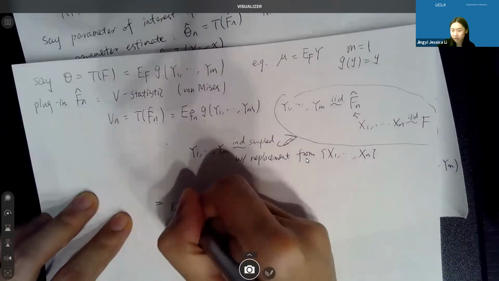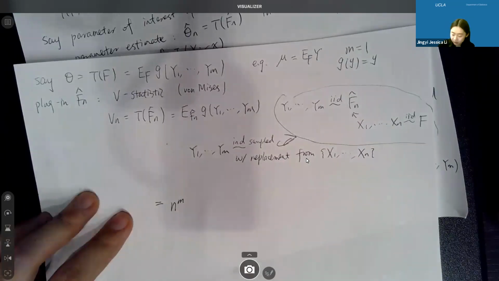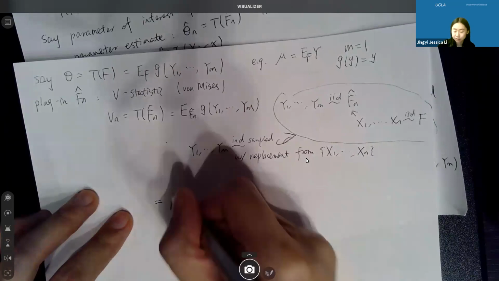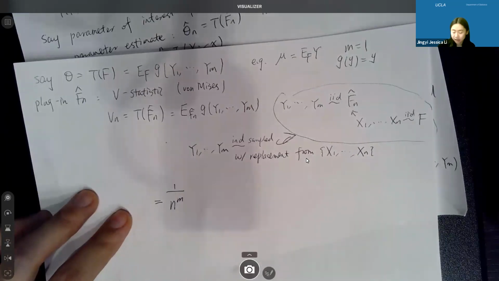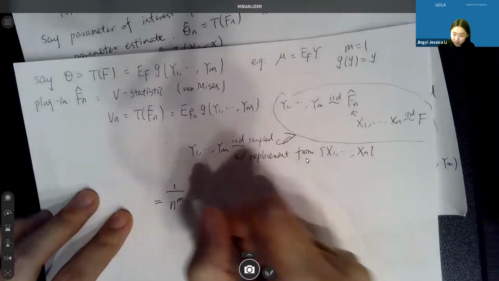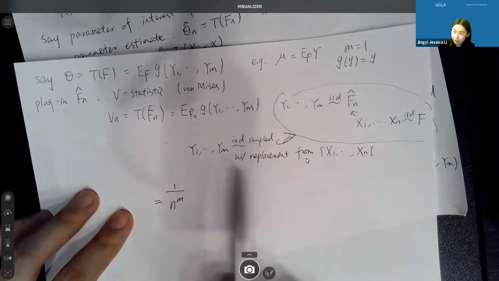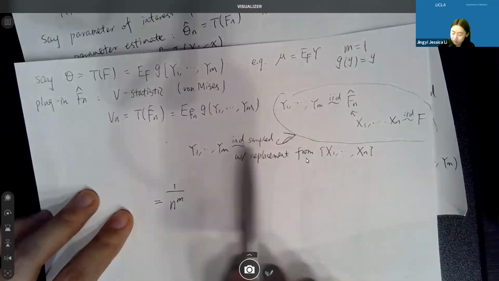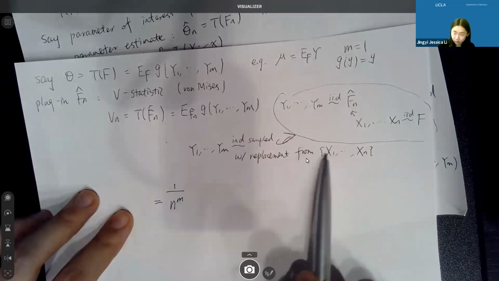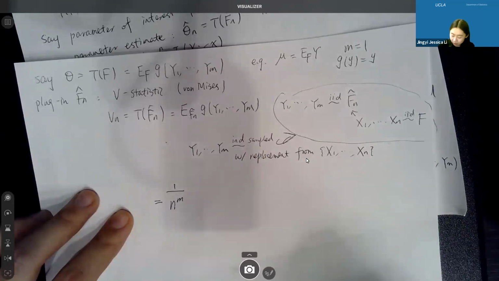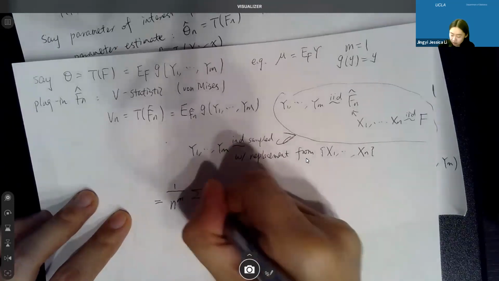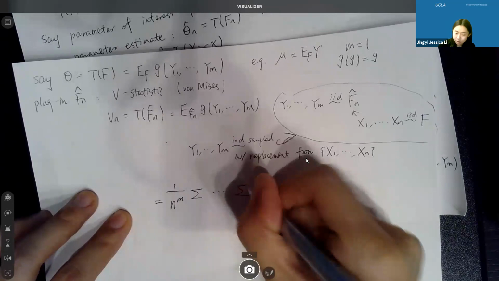So I divide by that total number of possibilities and I enumerate all possibilities. In other words, y1 could be any of x1 to xn, y2 could be any of x1 to xn, and so is ym. So I would have m sums, okay?